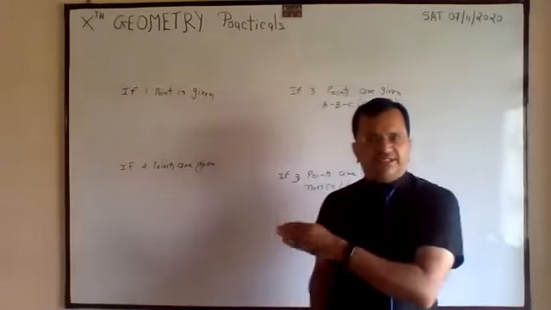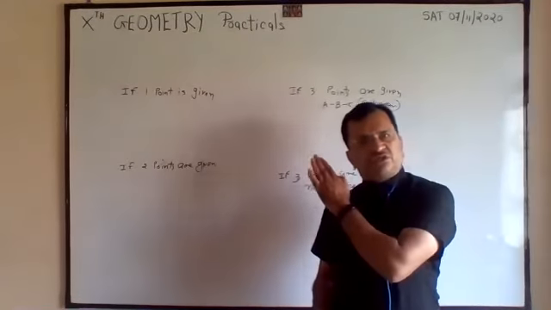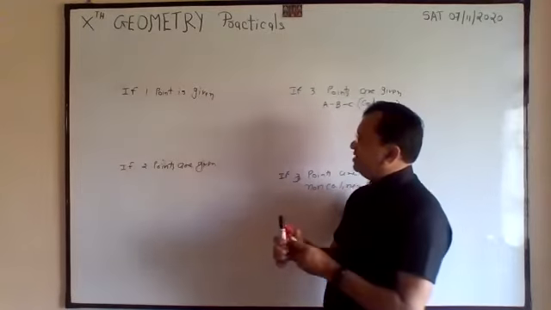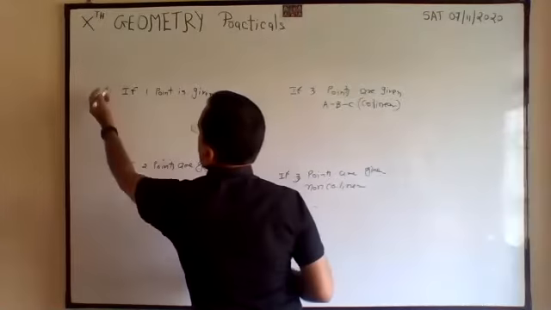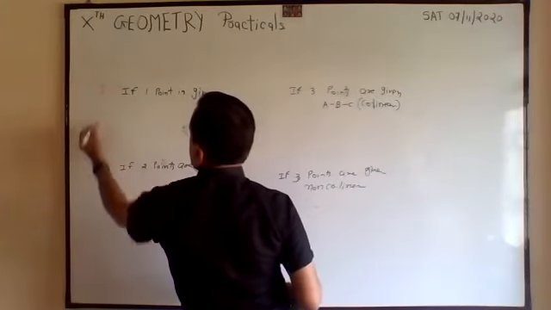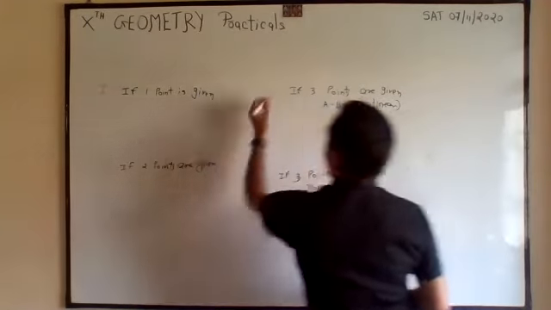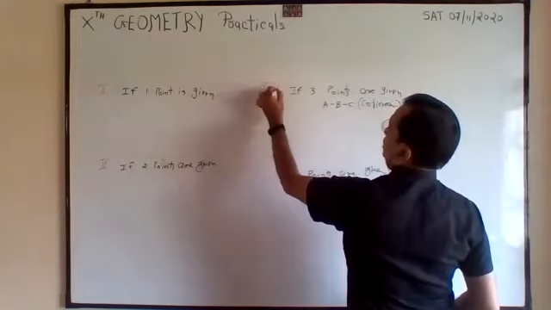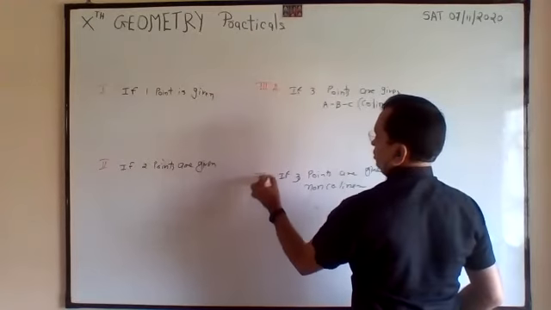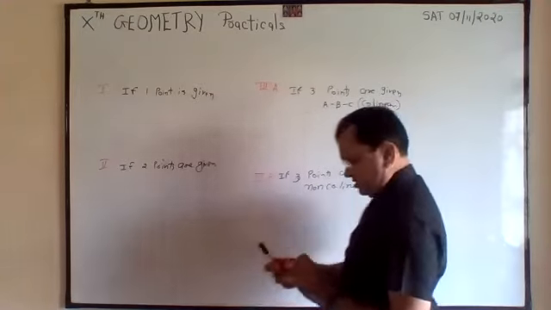Actually three cases, but under the third case there are two parts, A, B and C. So this is first, this is second, this is third A, this is third B.